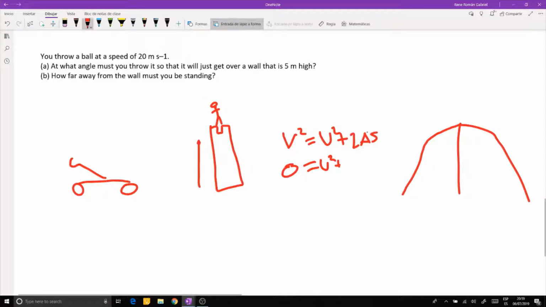Well, this one's easy because s is 5, so 2 times 5 is 10, and times 10 of acceleration is 100. Technically, it would be negative 100 because acceleration is the acceleration of gravity, and that's negative. So let's put that negative. u squared minus 100. This one we can do in our head, and we can figure out that u equals 10.